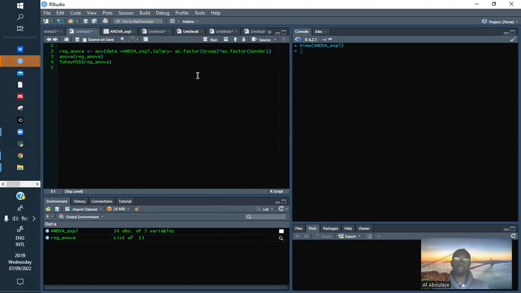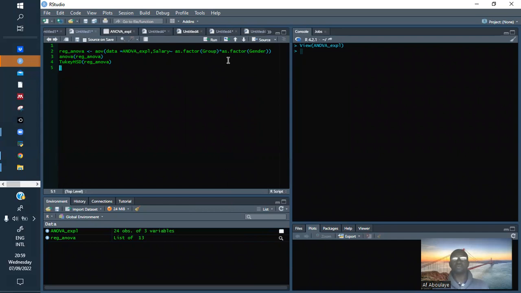R uses factor to call categorical variables. So you say as factor, because we want group to be a categorical variable, and gender as factor, also a categorical variable.